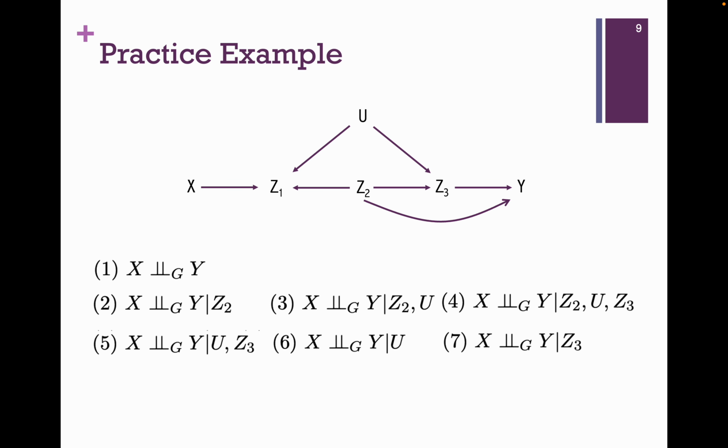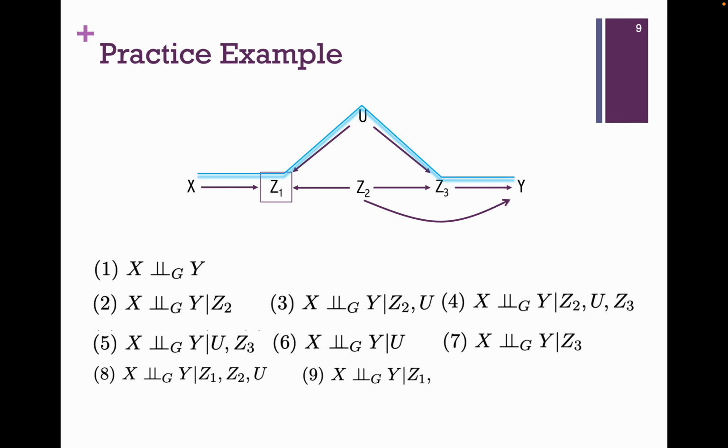To make things more interesting, let's imagine we do condition on z1. So, because that's a collider, it will open up various new d-connecting paths. Several of them will go via z2, and we can get rid of those by conditioning on z2. This leaves open a path via u, which we can also condition on. So, conditioning on z1, z2, and u d-separates x from y.